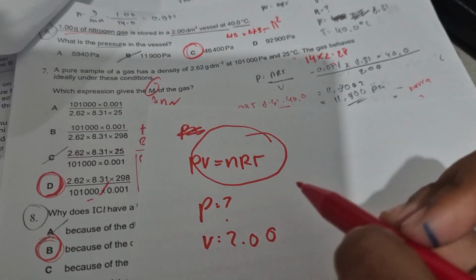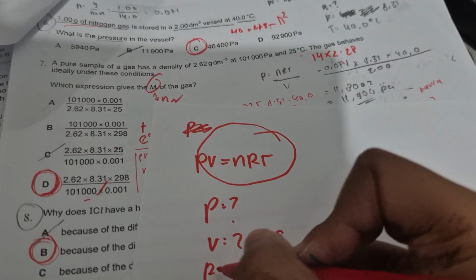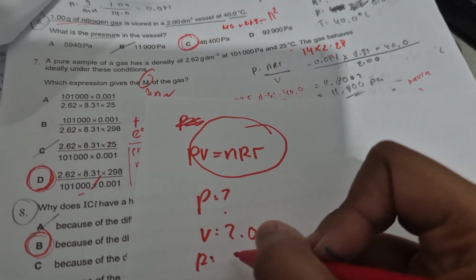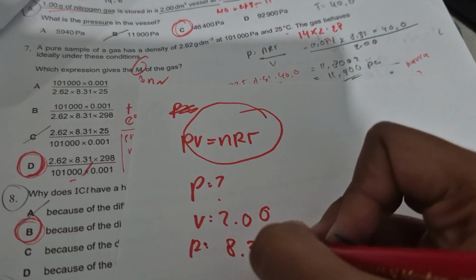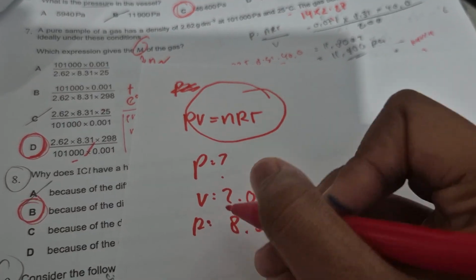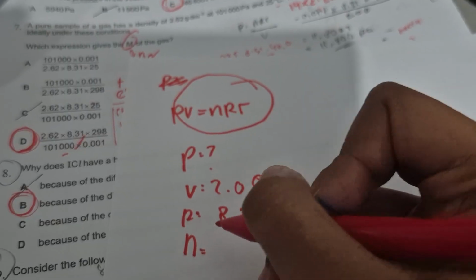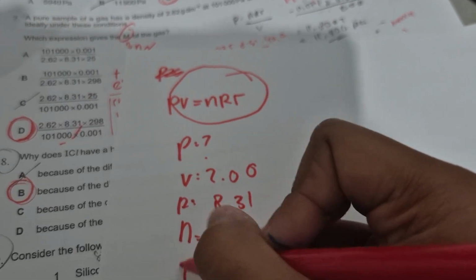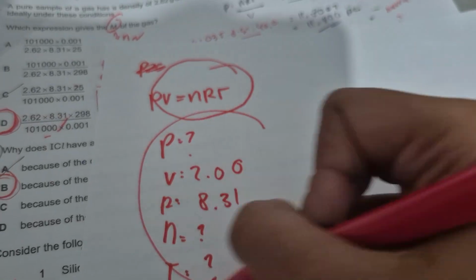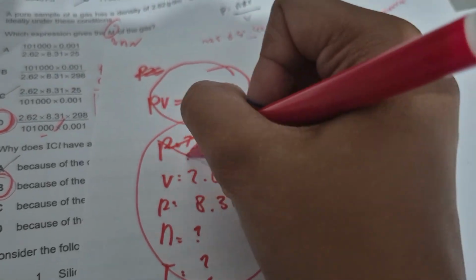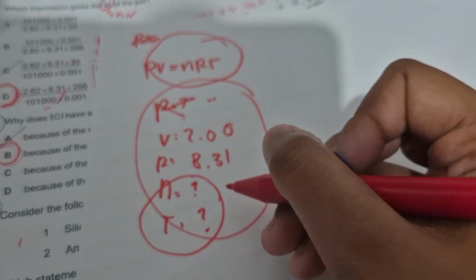And then we know the R is definitely 8.31. And oh sorry, I forgot the n. The n we don't know, and the T we also don't know. So how to get these? This one is not counted because we're gonna search this one. How are we gonna get the mole and the temperature?